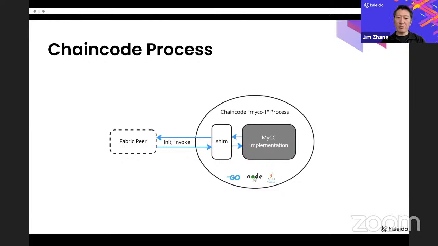Fabric, on the other hand, because it's designed on a different distributed system pattern that does the execution first and then order next, and finally applying the values last, it still requires determinism, but it doesn't depend on that. Meaning, if you implemented a bad chain code logic and it's not deterministic, Fabric can tolerate that.